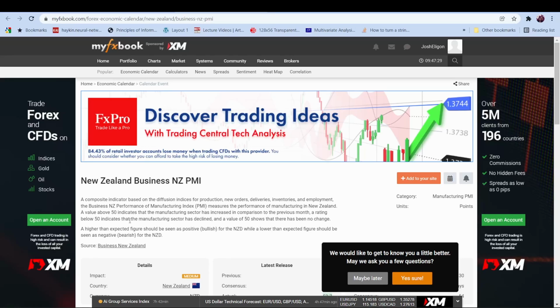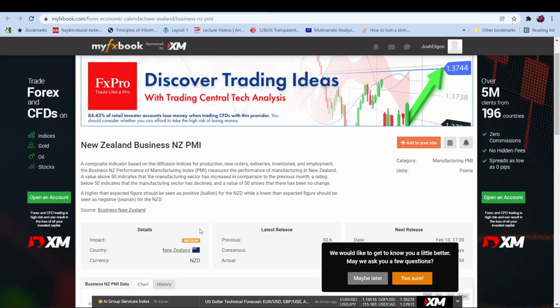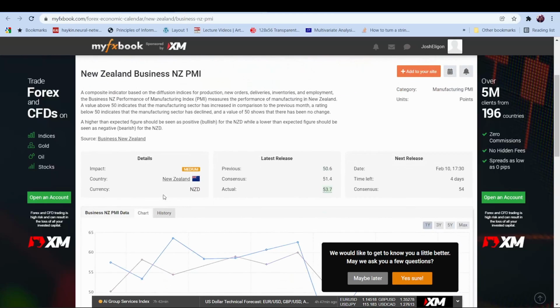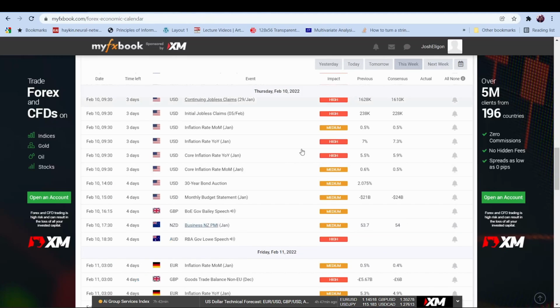A rating below 50 indicates that the manufacturing sector has declined, and a value of 50 shows that there has been no change. Right, so a higher than expected figure is viewed as positive, while lower is viewed as negative. Right, so the latest release that we did have, the previous one, was 53.7, right?